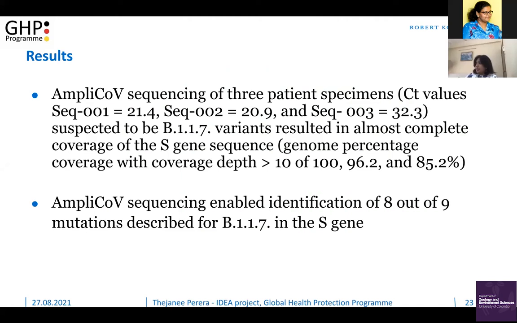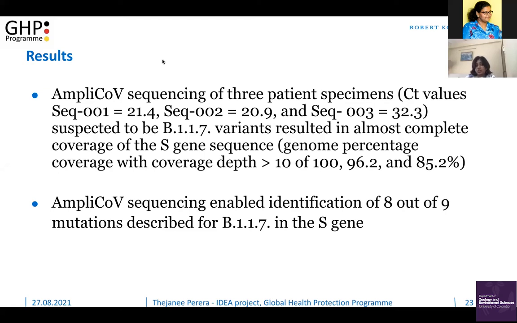Other than these samples, they also used the AmpliCov sequencing assay for 3 other patient samples with CT values 21, 21.4, 20.9, and 32.3, which are suspected to be the UK variant B117.